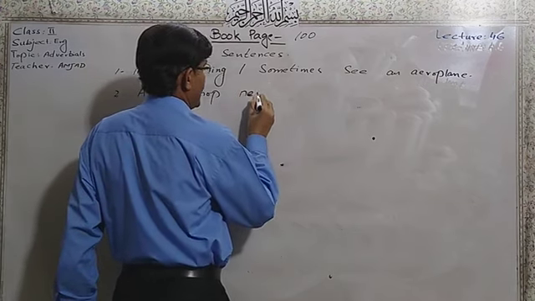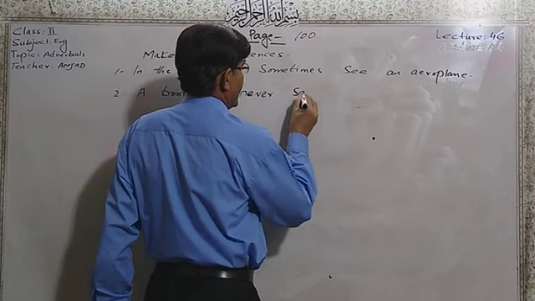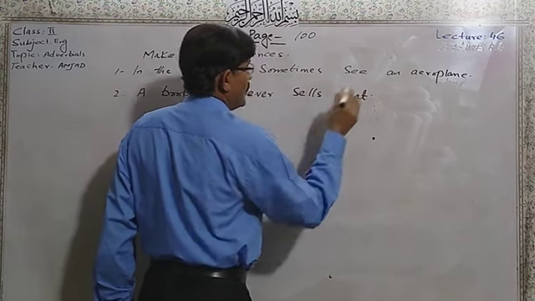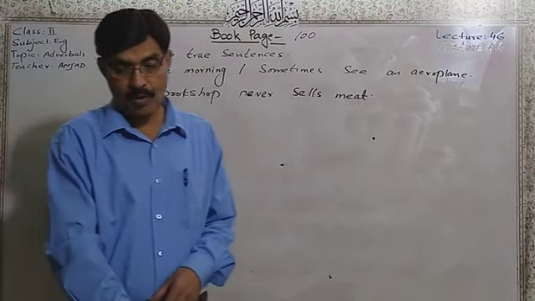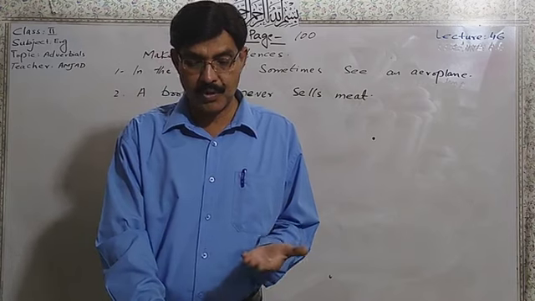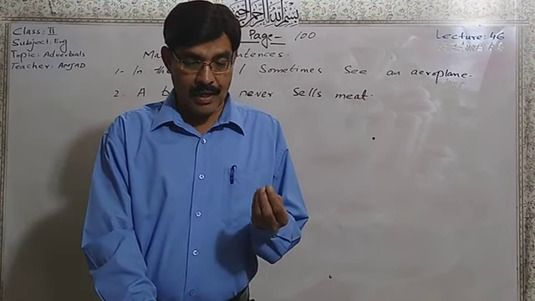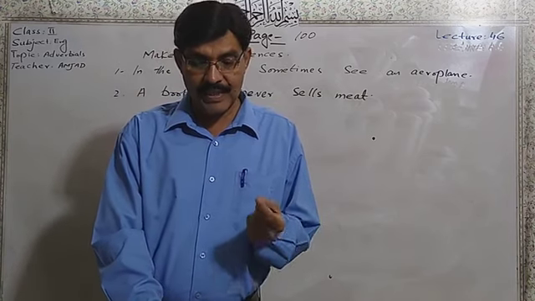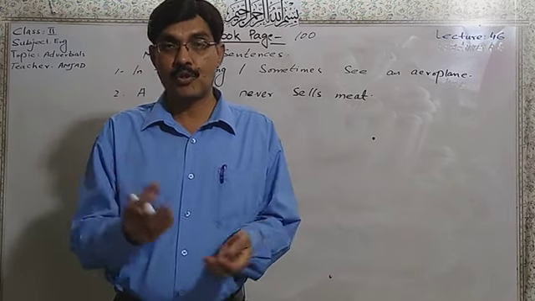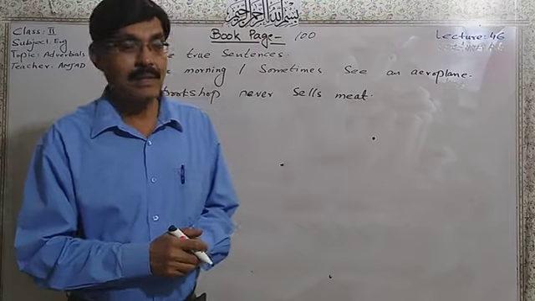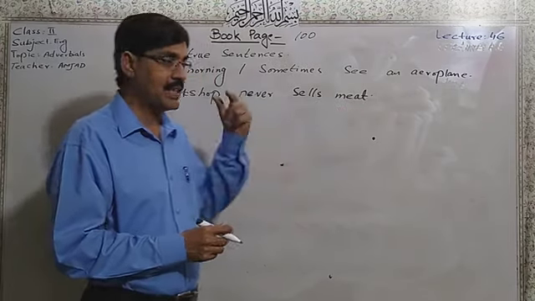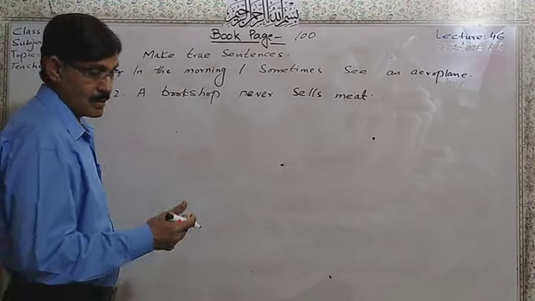Never sells. Never sells meat. It seems to be very true because we have got options here: writing paper, books, newspaper, and school books. A bookshop never sells meat. Only a butcher shop sells meat. A bookshop never sells meat. It sells what? Books.